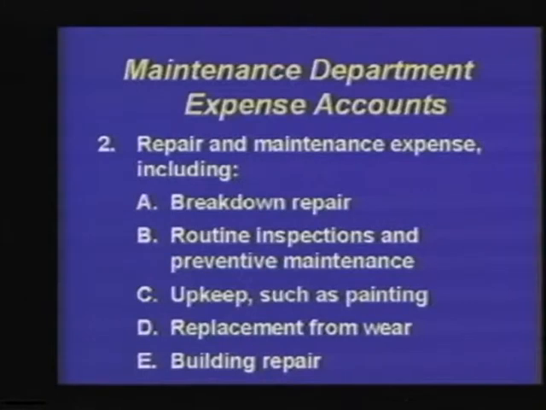And also in E, we could include such things as, let's say, lawn maintenance and the maintenance of roads and sidewalks and any other things that would pertain to buildings and grounds. 3 would be dismantling expenses. And 4, the cost of providing and distributing utilities, including electricity, steam, water, and compressed air and other utility requirements.